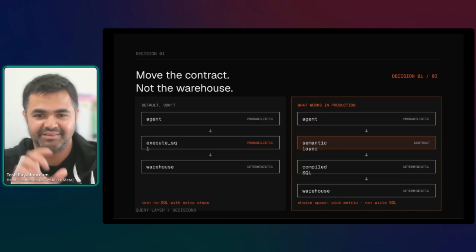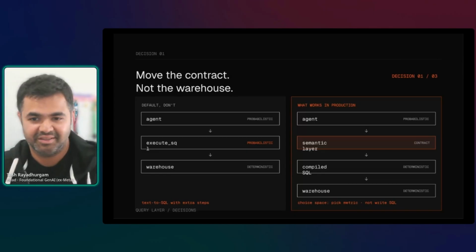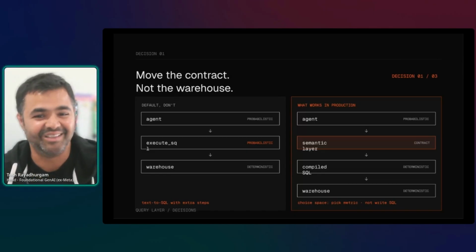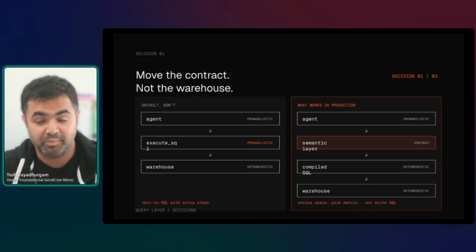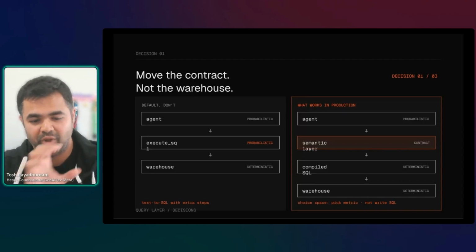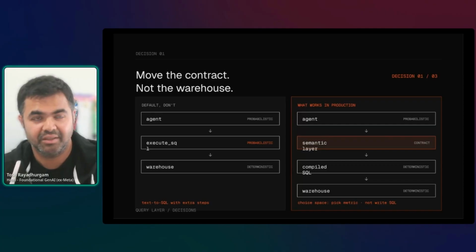This is text-to-SQL with an extra step. I would suggest not doing this. The pattern I see working is to make the contract between this whole probabilistic system and the deterministic system explicit, which comes to how we think about the agent's primary tool surface.